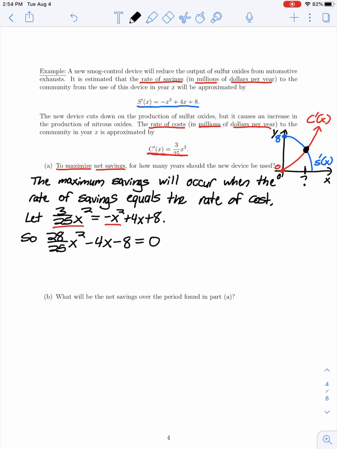Now what I don't like here is the fraction for my x squared coefficient. So if I multiply everything through by 25, I have 28x squared minus 4 times 25 is 100x, minus 8 times 25 is 200, equals 0.